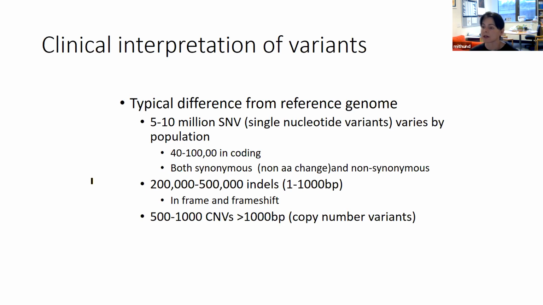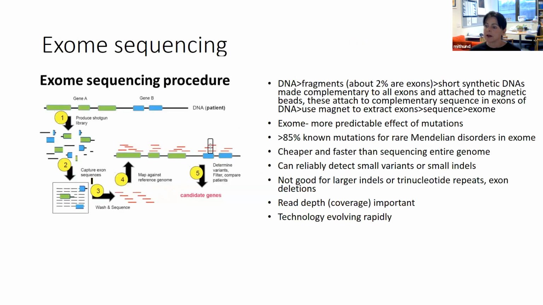They can just be variants. There's also a huge number of in-frame and frameshift insertions and deletions, and also copy number variants. So each person does vary a lot from a standard human genome. There is that difficulty in interpreting data when you're looking for genes and actually knowing what is a significant mutation and what is just a chance variant that you're seeing.